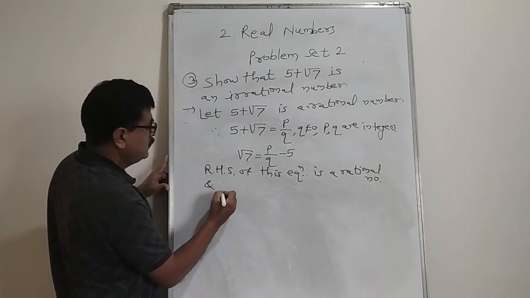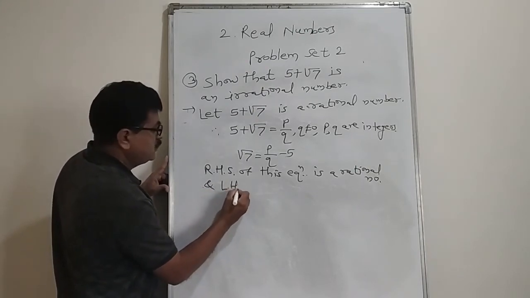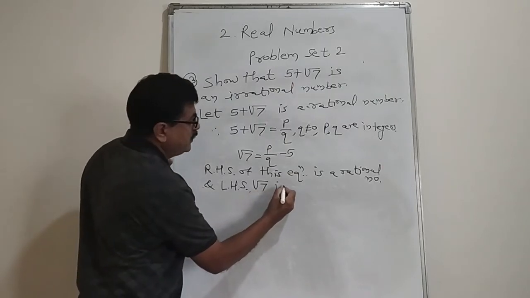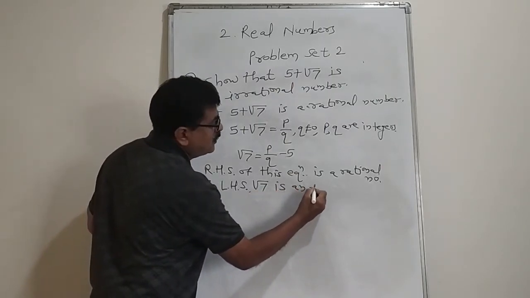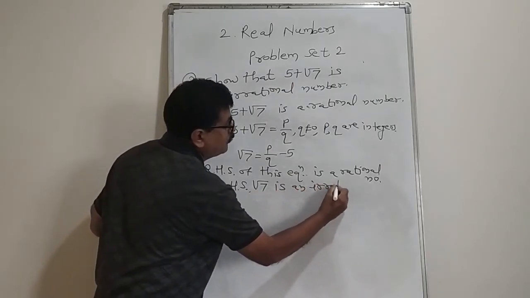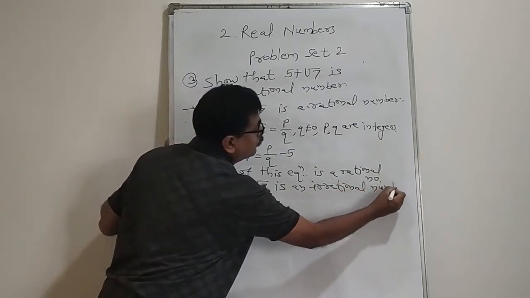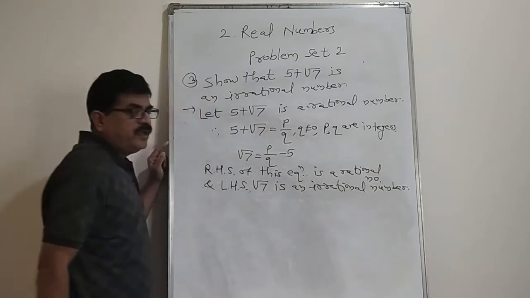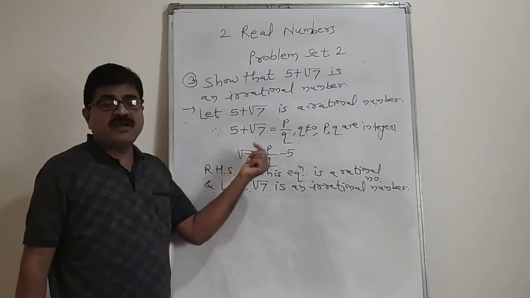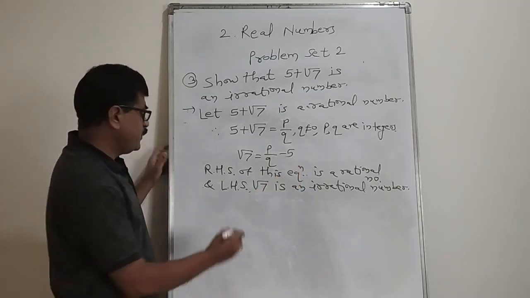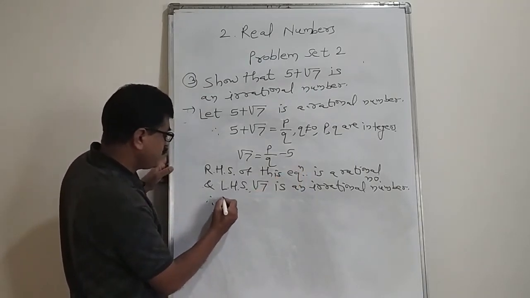And the LHS, square root 7, is an irrational number. Now in the equation, an irrational number is equal to a rational number. This is not correct. Therefore, it is a contradiction.